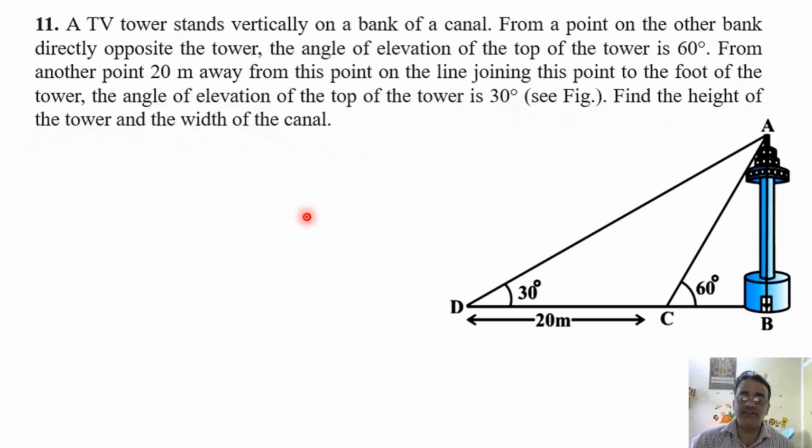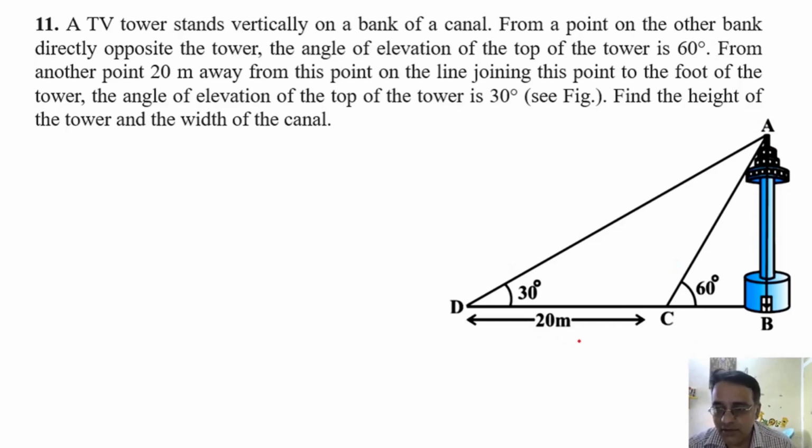So this question also belongs to the problem based on two unknowns. We need to find the width of the canal, this is BC, and the height of the tower, that is AB. So here also we have two right triangles. Identify the right triangle. ABC or ABD, right.